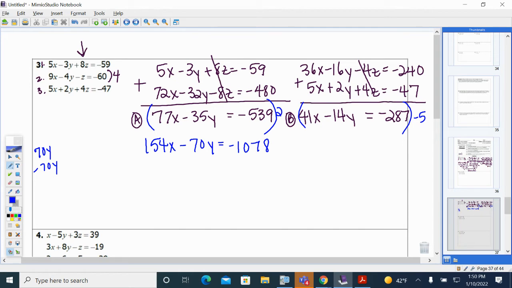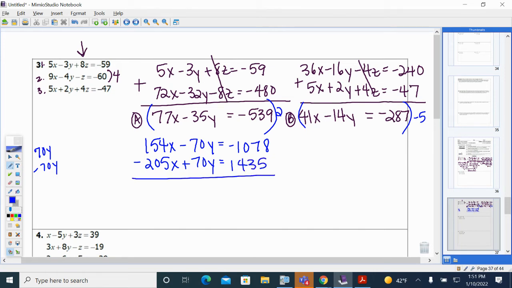Equation B is going to multiply by negative 5. 41 times negative 5 is negative 205. And then negative 14y times negative 5 is a positive 70. And there they are, my matching y's, or my opposites. And then negative 287 times negative 5 is going to be 1,435.